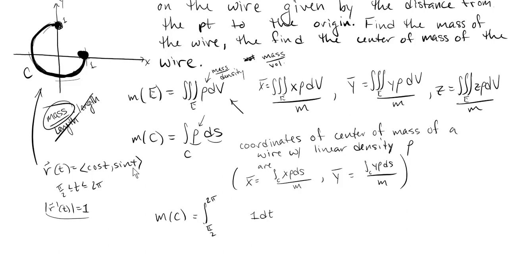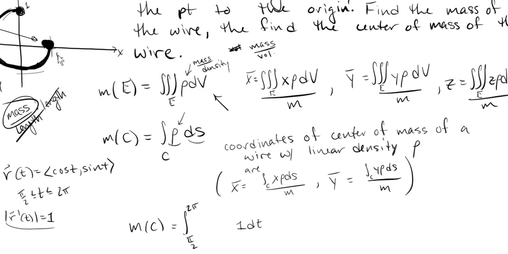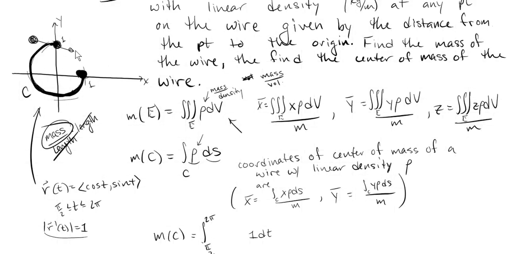But what is the density here? We're saying that the linear density here is given by the distance from whatever point we're looking at on the wire back to the origin.